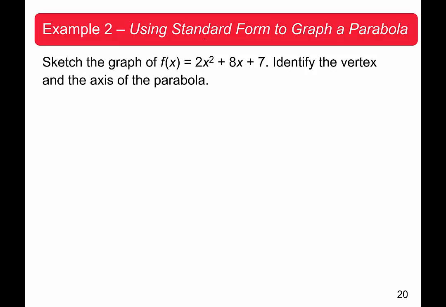So let's say we have f of x equal to 2x squared plus 8x plus 7. So first of all, you write down this equation: 2x squared plus 8x plus 7. In order to complete the square, you're going to keep the first two terms.